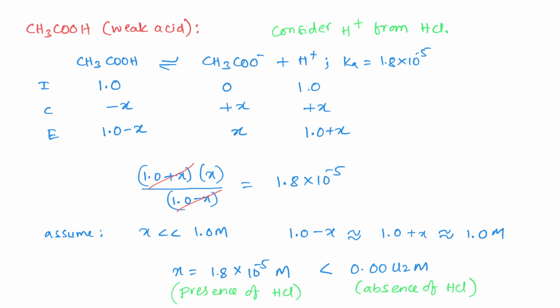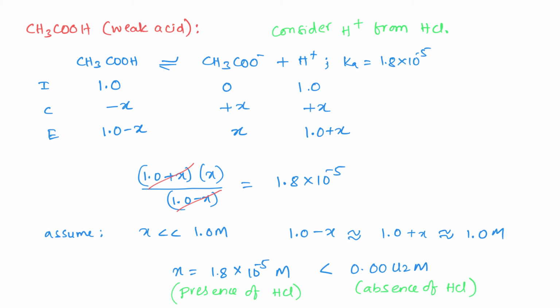So, we can say that the H plus ions produced from the hydrochloric acid suppress the dissociation of acetic acid even more and decrease the H plus ion content produced by acetic acid.